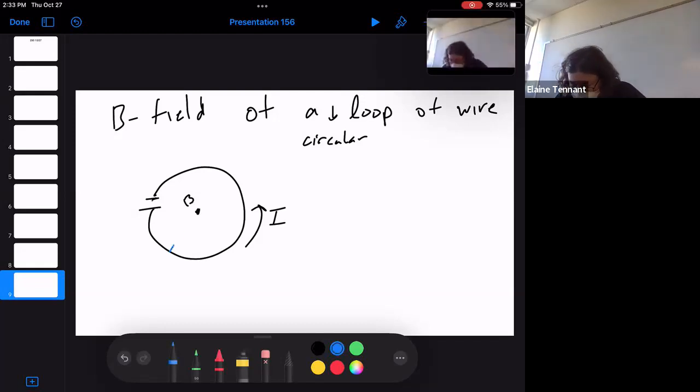And I'm going to tell you that this loop has a radius r. Sound okay? Okay.